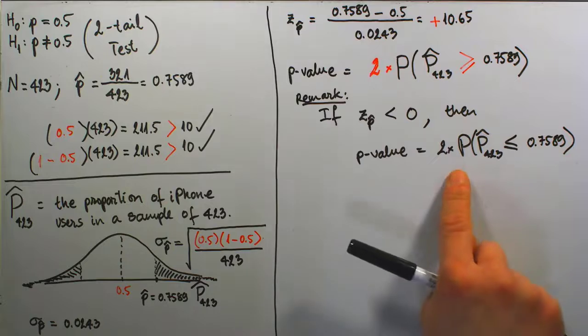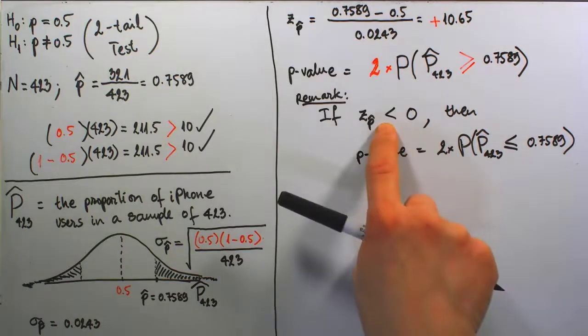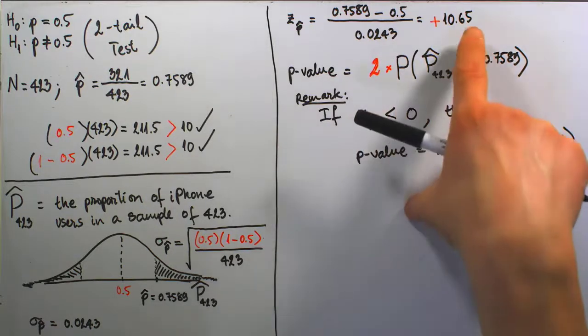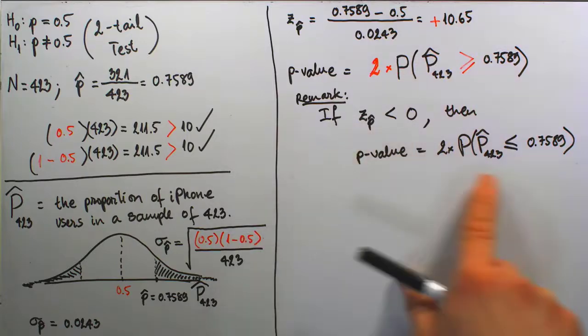So this is a different scenario. If the z-score turned out being negative, then this is what we would do.